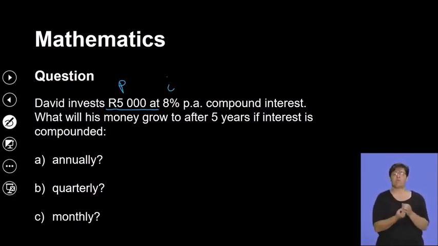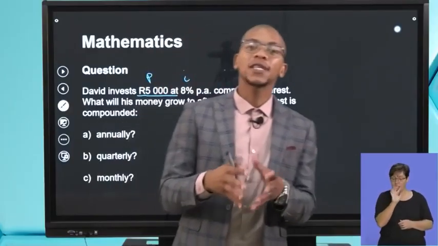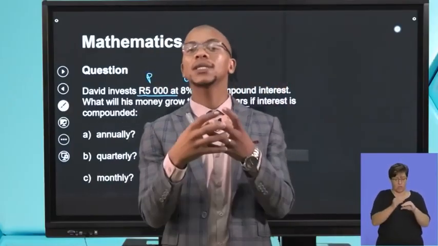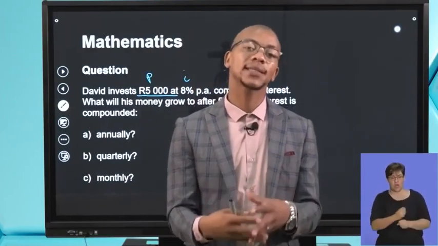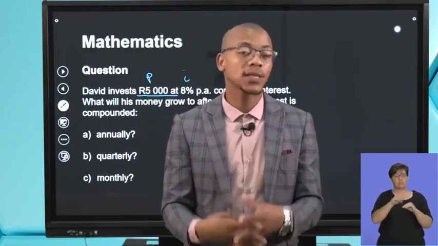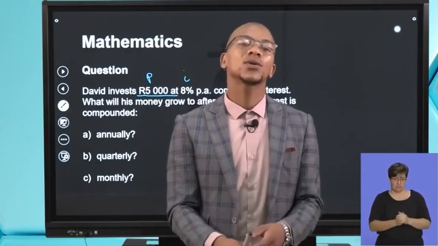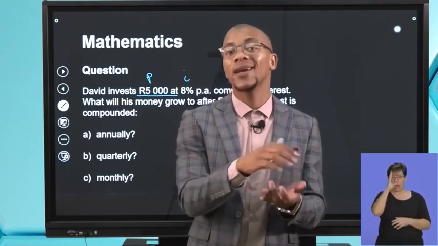What will his money grow to after 5 years if the investment is compounded annually, quarterly, and monthly? Now understand something. If it's 5 years and it's compounded annually, it means that David is going to get interest only 5 times, because it's once each and every year.